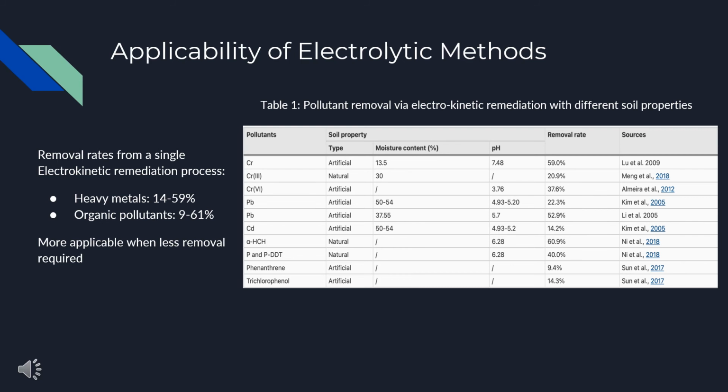Overall, we can gather from this table that the removal rate of heavy metals ranged from 14 to 59%, while the removal rates for organic pollutants ranged from 9 to 61%. Past treatment and studies have also found that removal rates are higher when there is less removal required, or in other words, when less contaminant is present at the site.